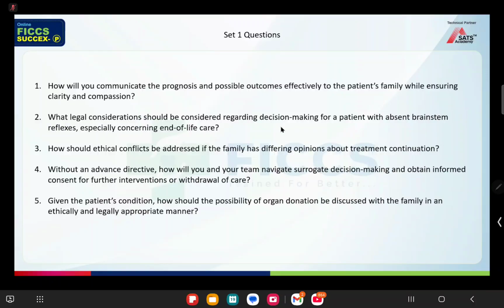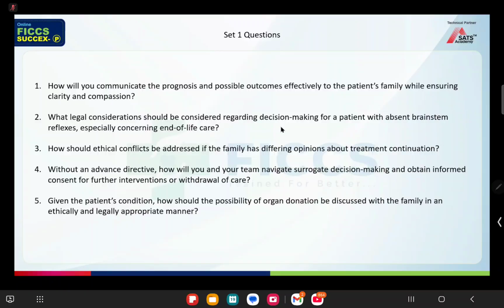I'm concerned about that, and possibly we will be doing some more tests to determine whether there is any presence of brainstem reflex, and you can explain the implication at that time. But yeah, legal consideration, again, achieving consensus is very important. Having different messages to the family is not good news.